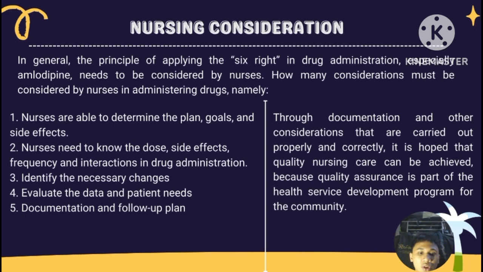Second, nurses need to know the dose, side effects, and frequent interactions in drug administration. And the last you can see there is the third, fourth, and fifth. With the fifth point, it is hoped that the quality of nursing care can be achieved, because quality assurance is a part of the health service development program for the community.